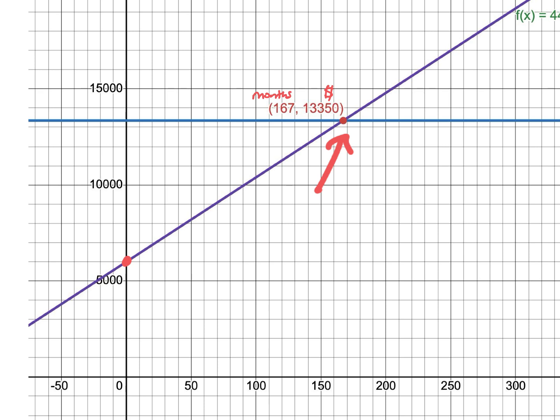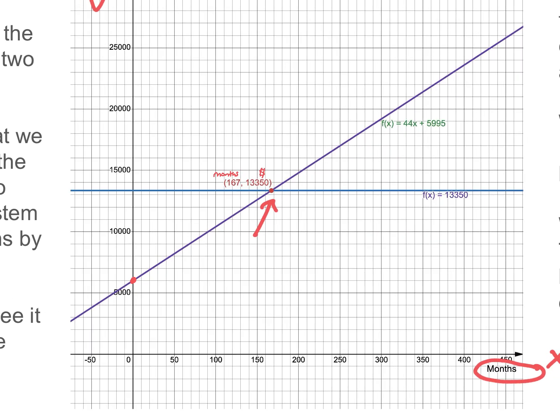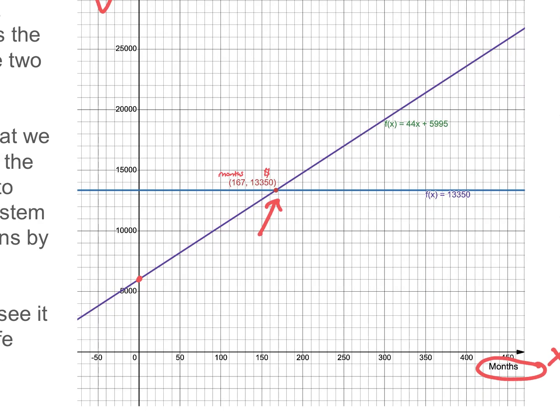Every month it's going the rise over the run, $44 for 1 month. And it just keeps going. It's not going to stop. Meanwhile, the Technogym starts up here at this fixed number, and it just keeps staying there. Nothing else goes into it. It just has a price. And eventually, after 167 months, they have the same amount.